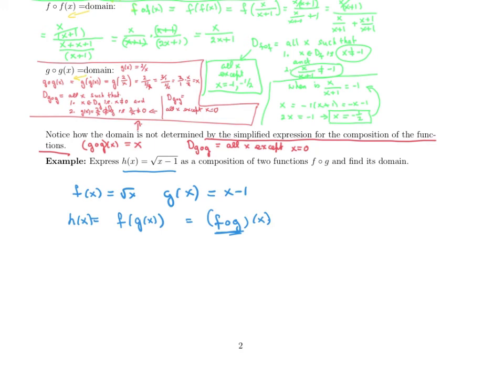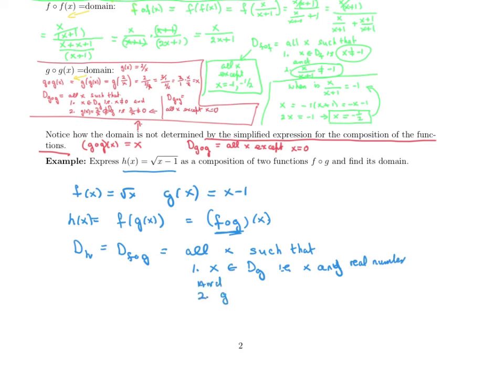And what's the domain of this function? It's all x such that, number 1, x is in the domain of g, but the domain of g is all real numbers, so there's no restriction there. But secondly, g of x has to be in the domain of f.